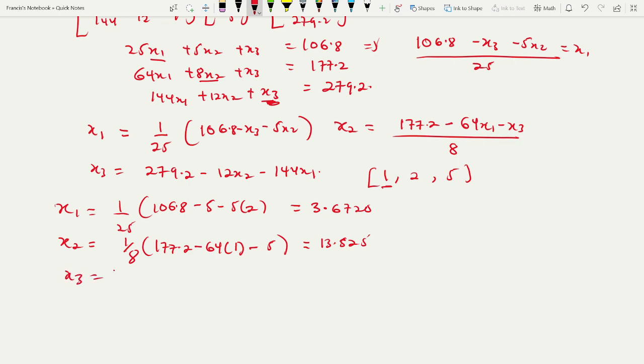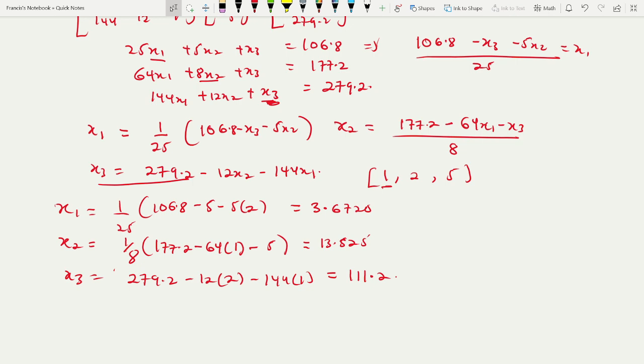Here too, I'll have to put in my initial guesses. So I'll simply have 279.2 minus 12 times x2, which is 2, minus 144 multiplying 1. This should also give me 111.2, right?